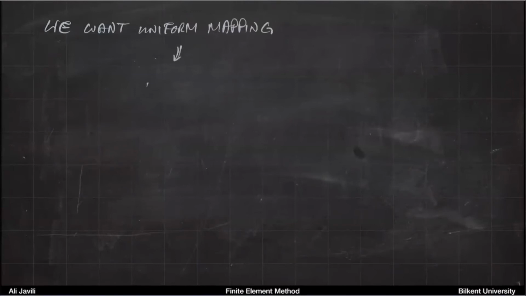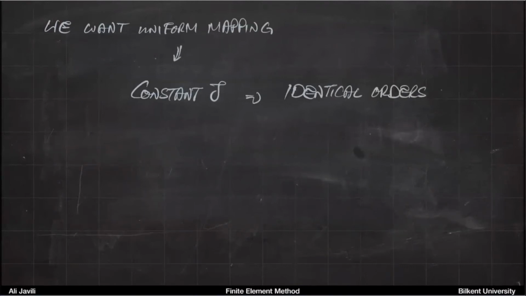So let me just summarize this. We want uniform mapping. Uniform mapping gives you constant J. That gives you identical orders for F and G. Otherwise, the order of G is always larger.